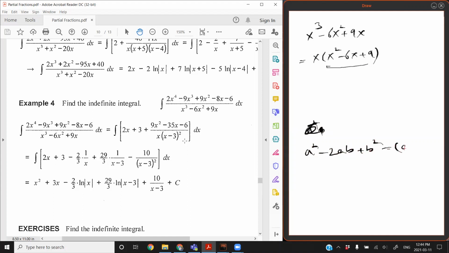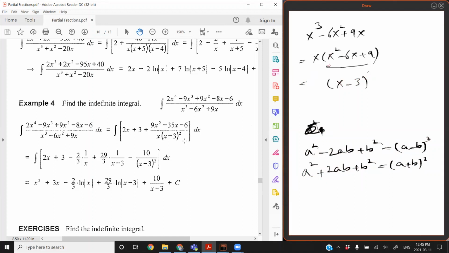This is just (a minus b) squared. If you see the pattern a squared plus 2ab plus b squared, that would be (a plus b) squared. Now this is just (x minus 3) squared.